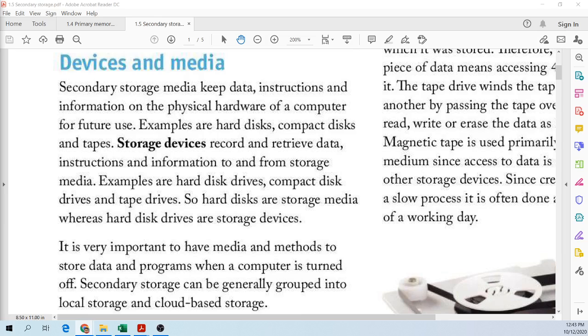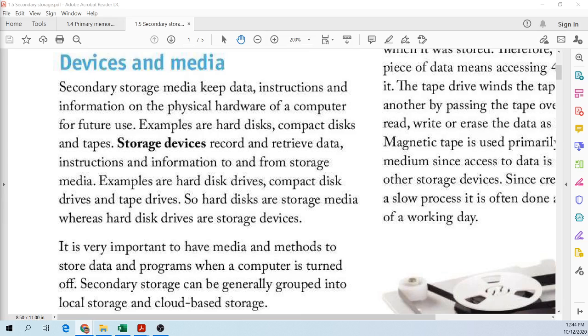Secondary storage media keep data, instructions, and information on the physical media of a computer for future use. Examples are hard disks, compact disks, and tapes. Storage devices record and retrieve data, instructions, and information to and from storage media. Examples are hard disk drives, compact disk drives, and tape drives.